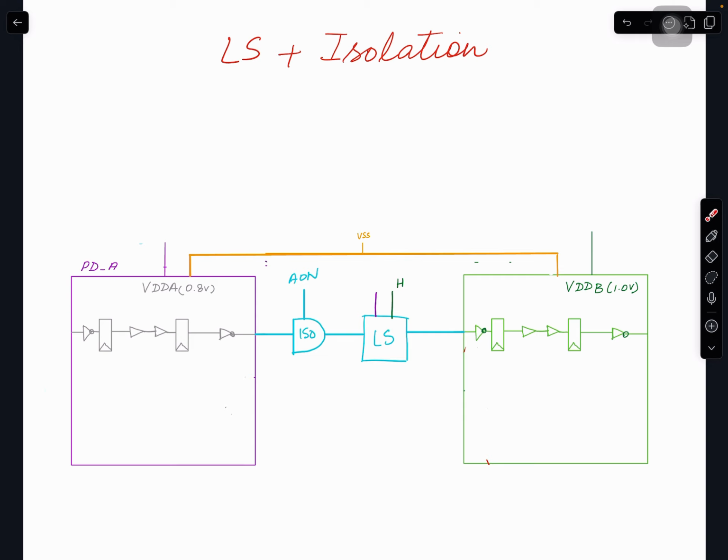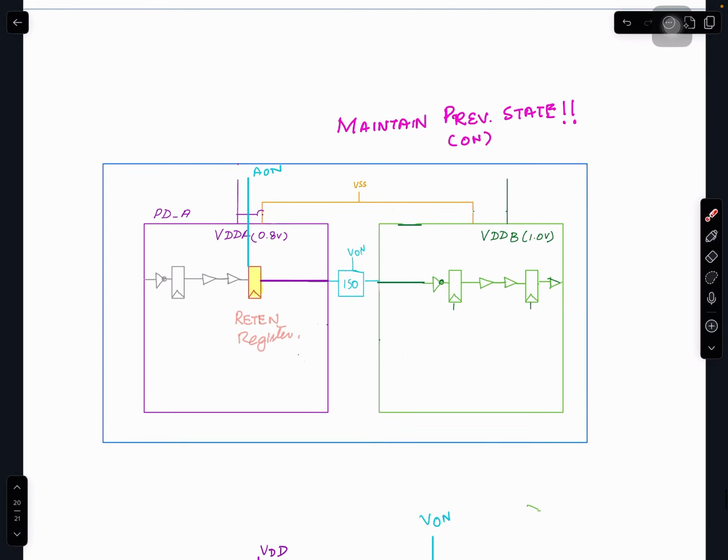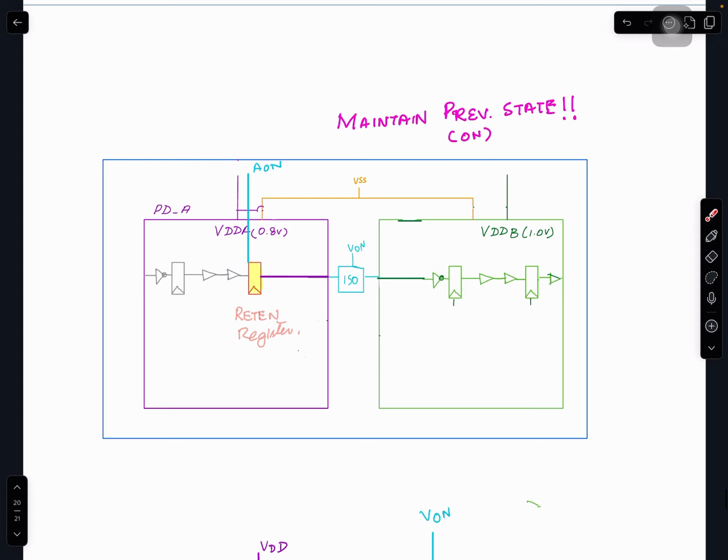Even in Conformal Low Power you can check things on the UPF side, or with tools like Spyglass. You can also check the connectivity of isolation cells, level shifters and all that. So those take care of it from the timing side. Whatever netlist comes, you just time it.